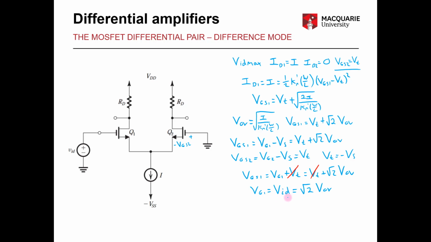So that is the expression for VID under the conditions in which all of the available current is passed through Q1. We can do a very similar analysis to find the lower limit of VID as well, and that will come out to be the negative root 2 times VOV. So now we have our limits of differential input voltage.